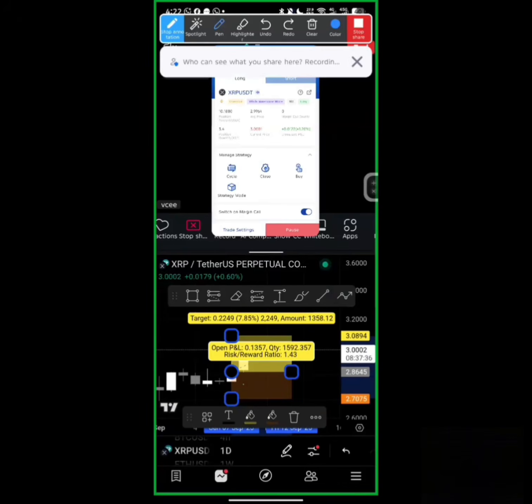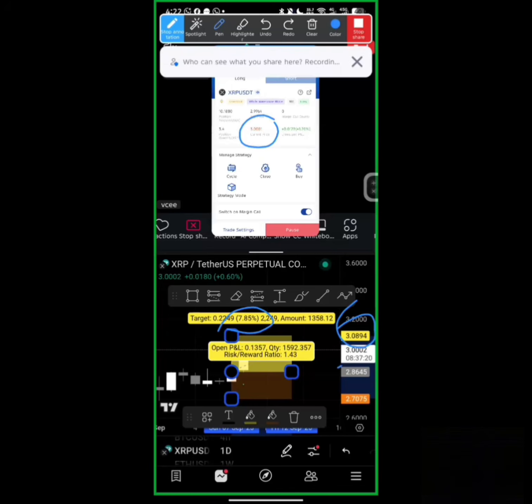You can see from the points that we entered, you can see the take profit percentage. Can you see the targets? Here you see the target is 3.8. This is the target price, 3.8. You see the current price now is 3.0. So we are going to 3.08 for us to get out of this trade.